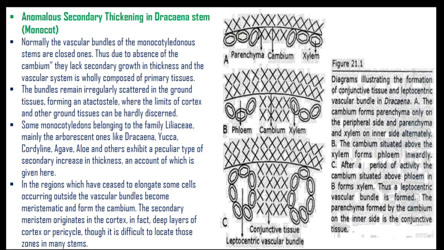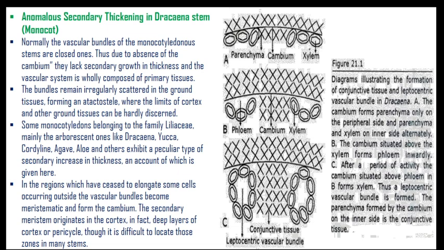Some monocotyledons belonging to the family Liliaceae, mainly the arborescent ones like Dracaena, Cordyline, Agave, Aloe and others, exhibit a peculiar type of secondary increase in thickness, an account of which is given here.